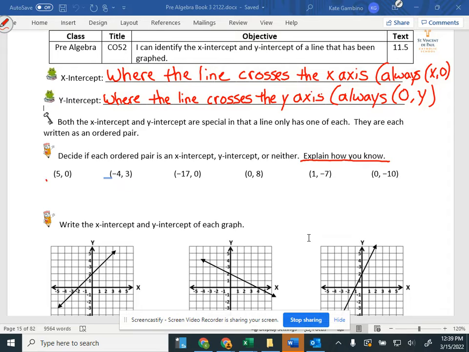So Izzy is saying it's an X-intercept. So you would write out X-intercept, and then we have to explain how you know. Because the Y is a 0. So we know it's going to cross that X-axis because the Y is the 0.